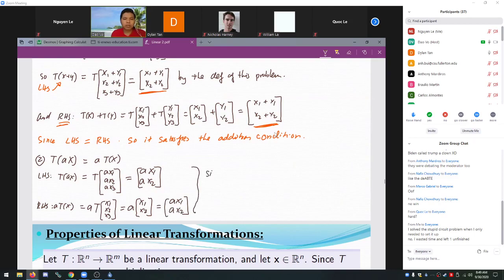So since T of ax equals a times T sub x, you can say the left-hand side equals the right-hand side. That's another way to do that. Since the left-hand side equals the right-hand side, it also satisfies the scalar multiplication.